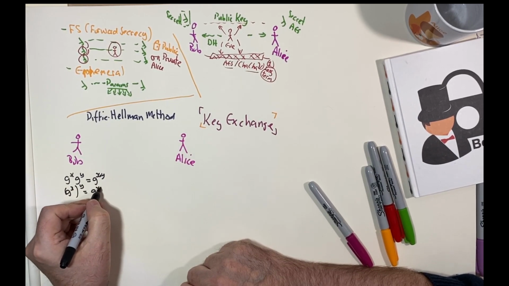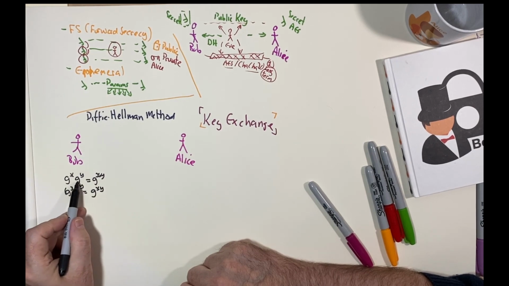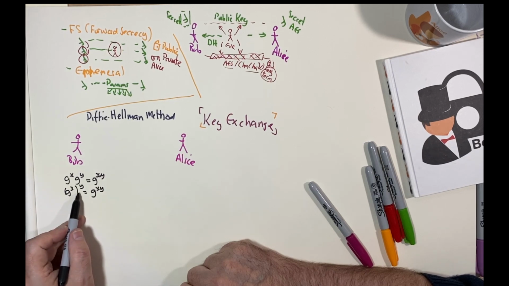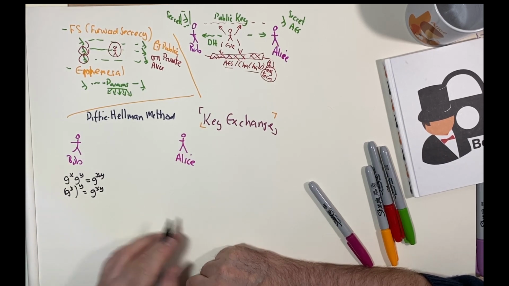And g to the power of x, to the power of y, gives us g to the power of xy.